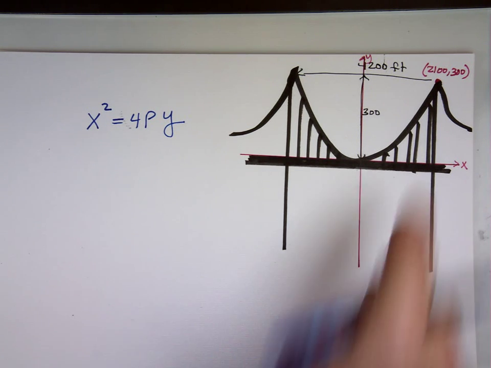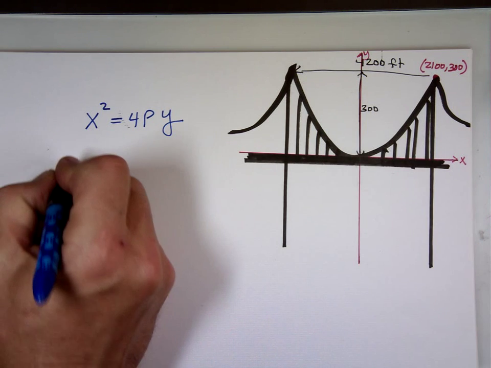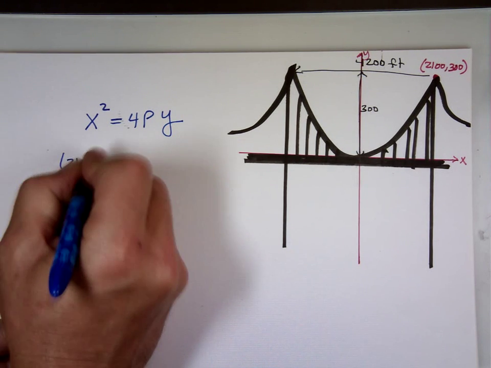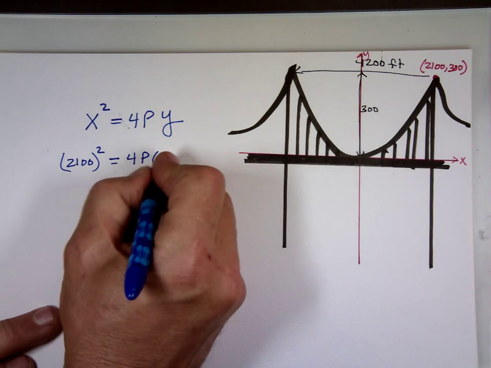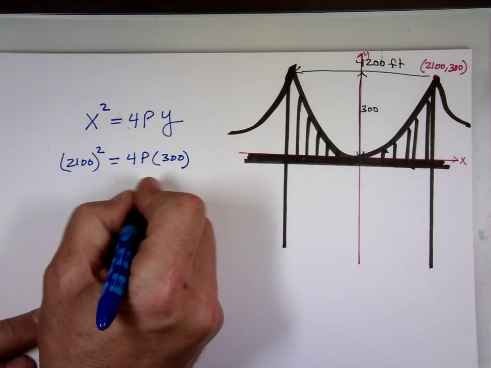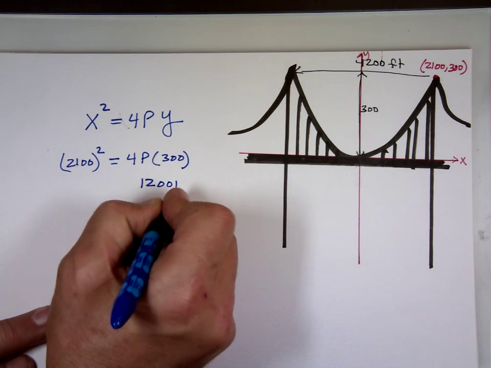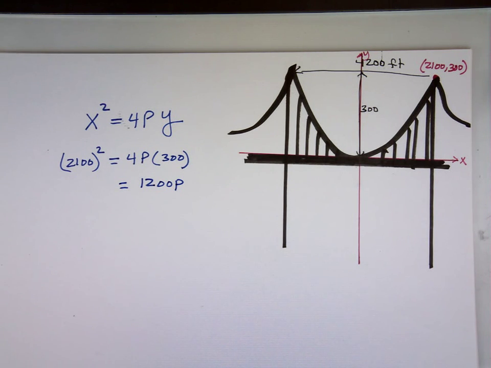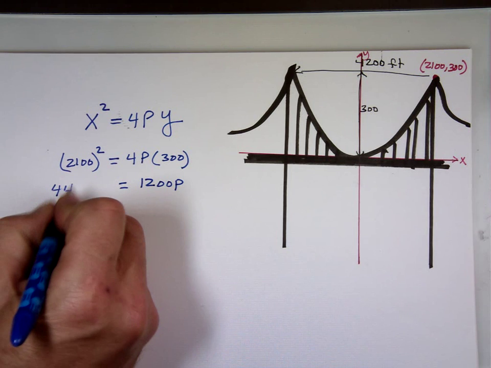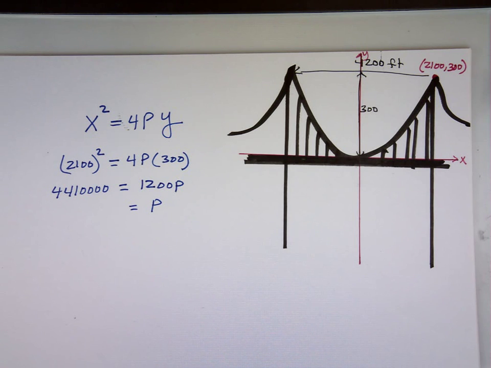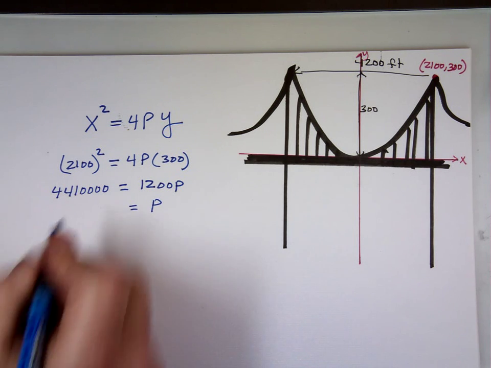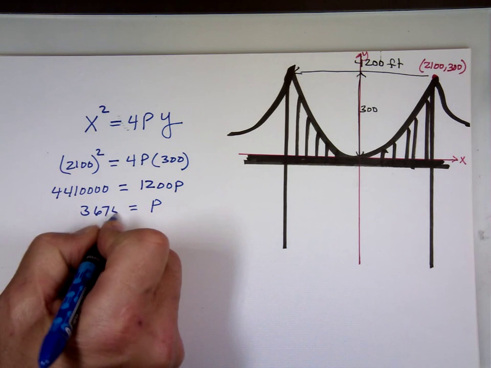x in this case is 2100 squared equals 4p times y. What is y equal to? 300. Is that 1200p equals what? 2100 squared, big number. What is p equal to? 3675.